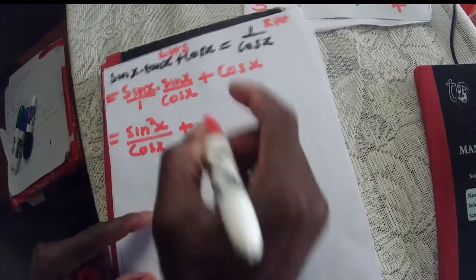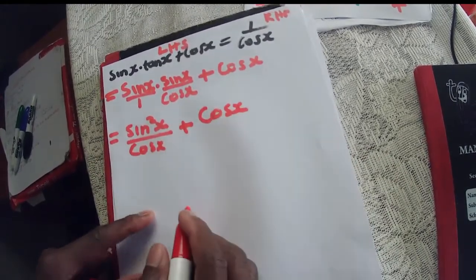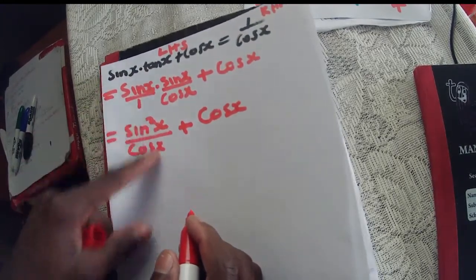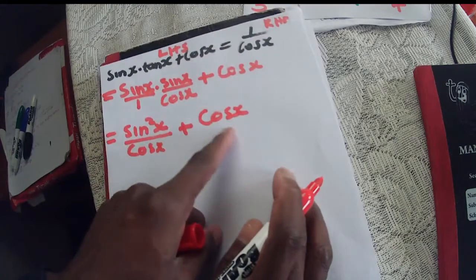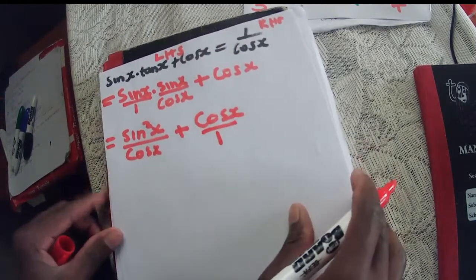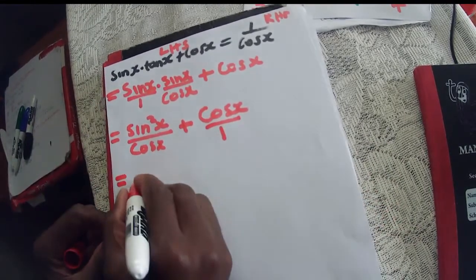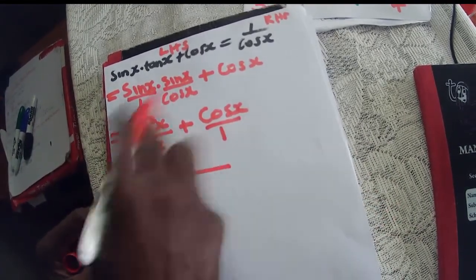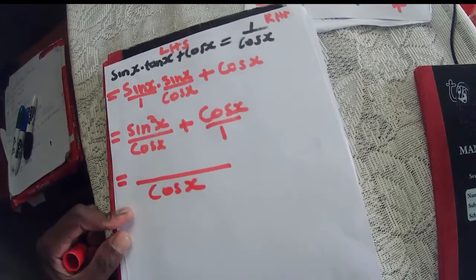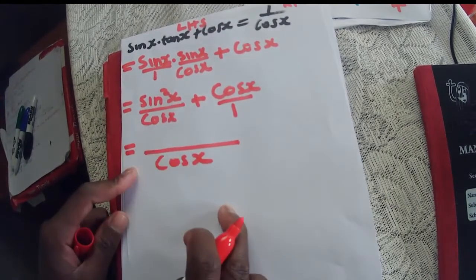So what is left here is the cos of x. Okay, and I'm going to repeat what I did here because I have a fraction here. I'm going to make this cos x a fraction by dividing it by a 1. All right, so I'm going to get a common denominator from these two, that is cos of x. Okay, this is the new denominator for the two fractions.